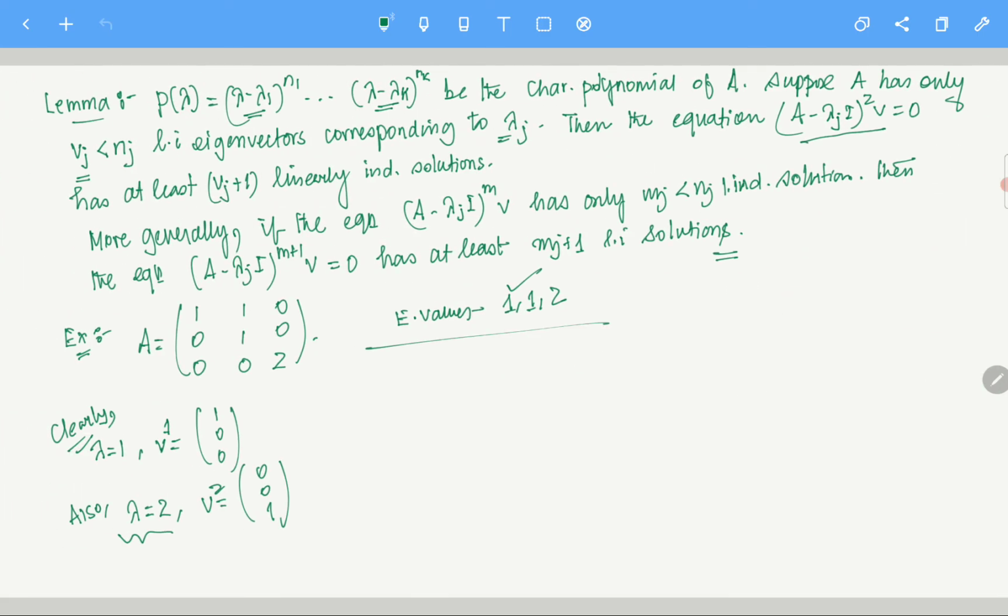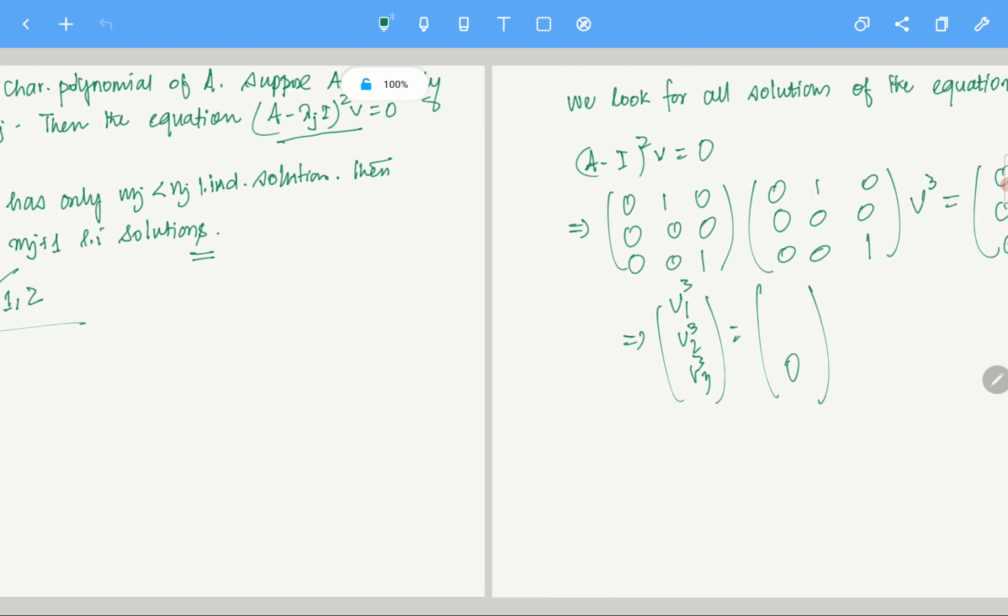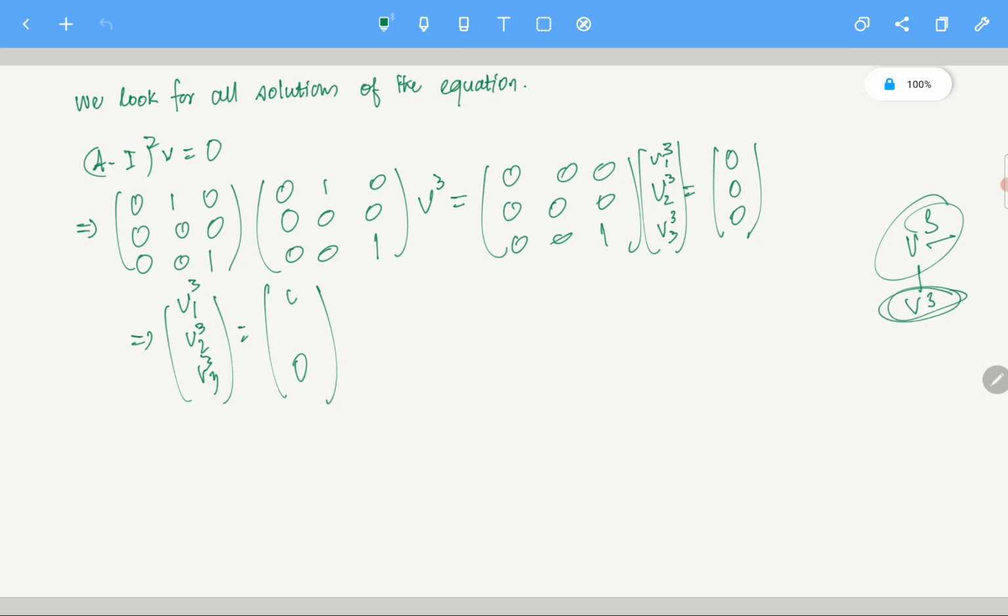Now you see the first vector is given by (1, 0, 0), the second is (0, 0, 1). So the third vector, since these are free variables, I can choose it to be (0, 1, 0). If I do that, then they are linearly independent, right? And hence, what are the solutions?